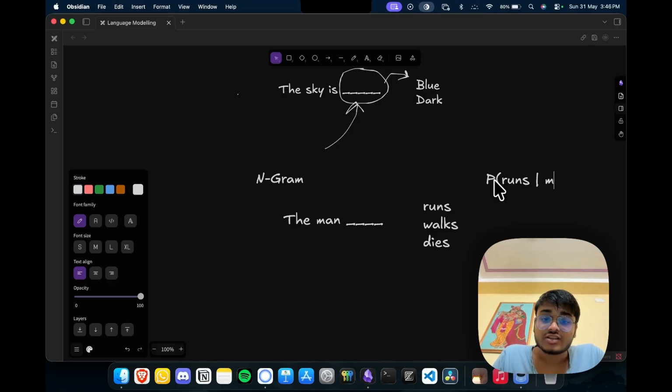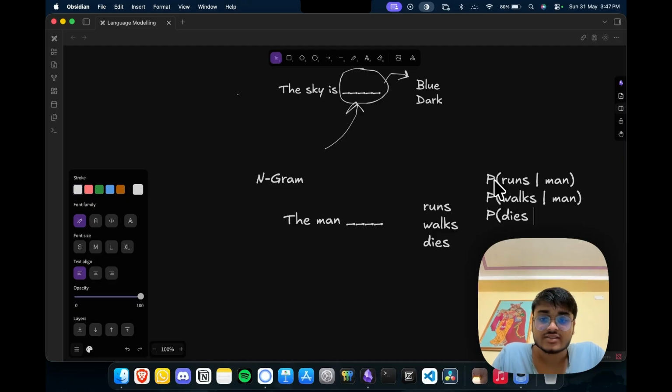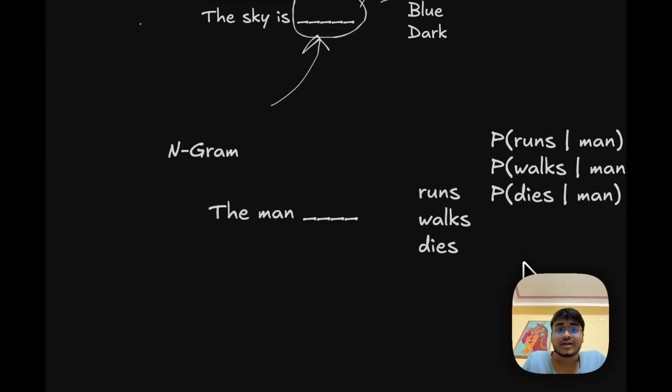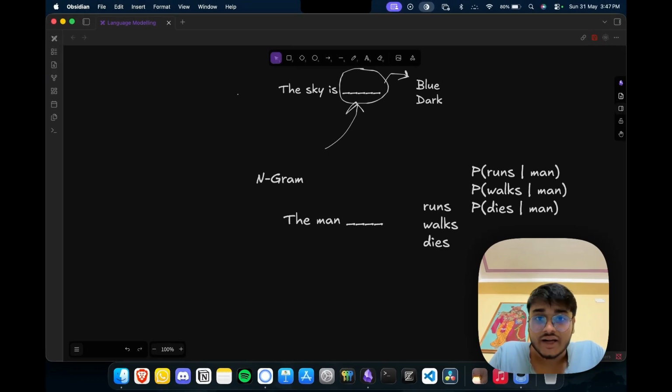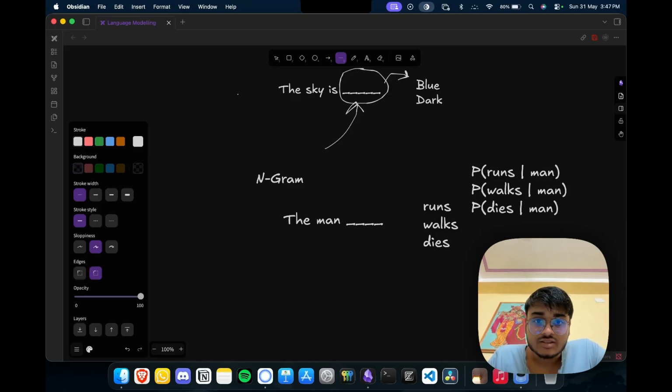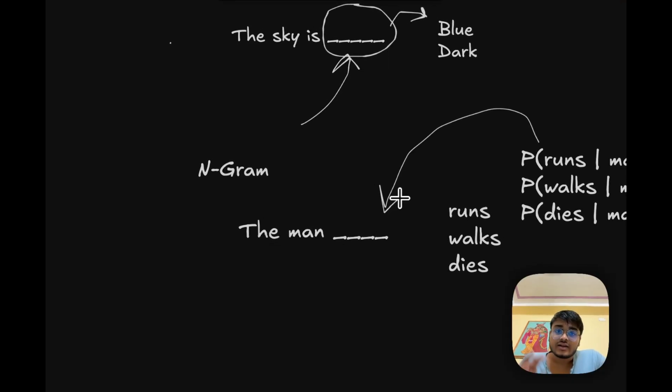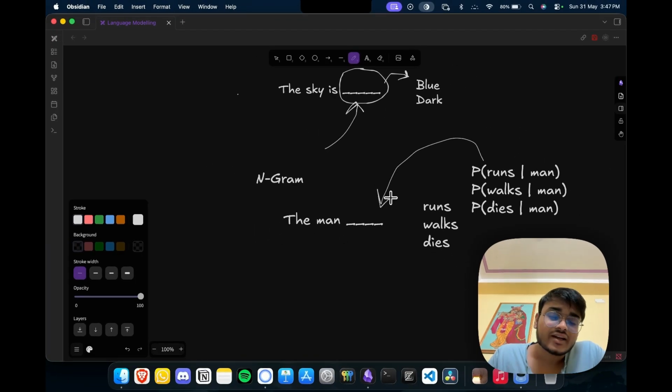What is the probability of runs after man? Walks after man? Dies after man? We find these probabilities from a data set we give to the model itself, and from them we find the best fitting answer for this spot.